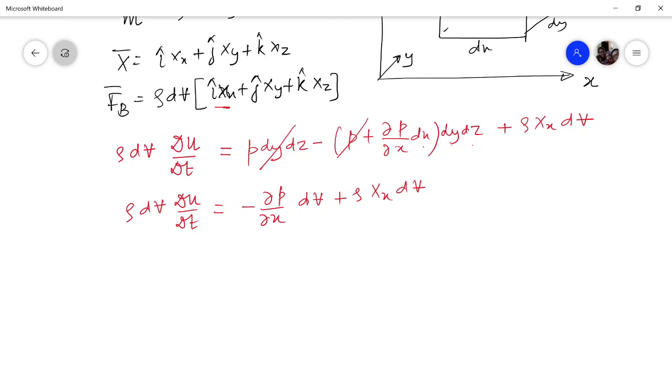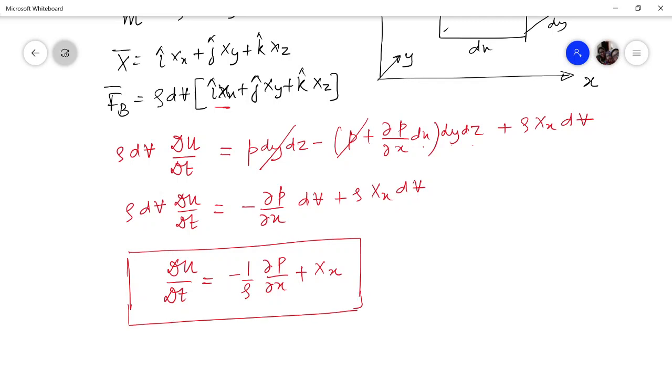That is, if you divide the equation by rho dV, du/dt is minus 1/rho ∂p/∂x plus Xx. So this is the component of Euler's equation in the horizontal direction. Remember, Euler's equation is relating what? Velocity and pressure field, for an ideal fluid. Ideal fluid means no tangential forces come into the picture, only normal pressure forces are there.